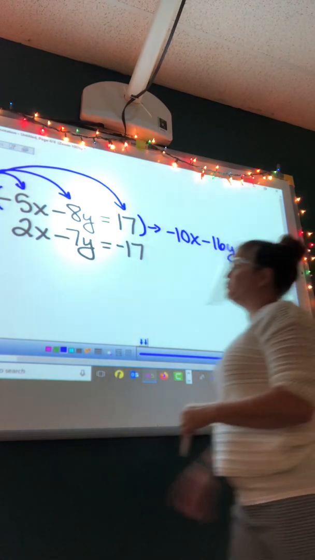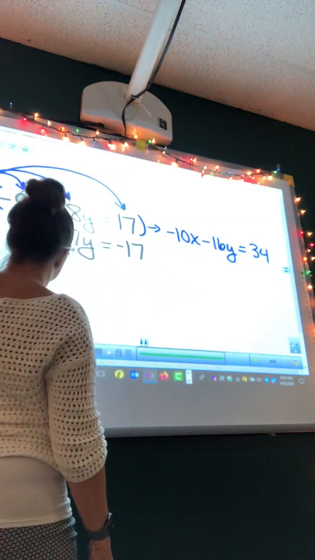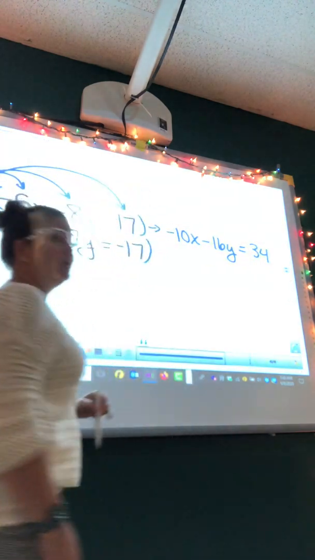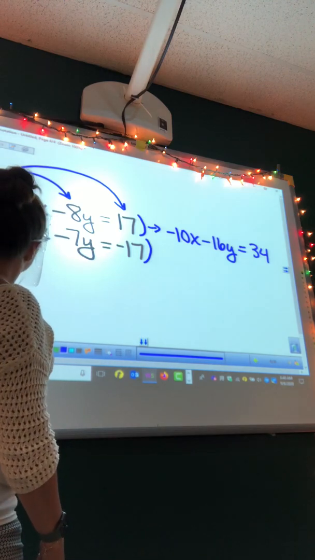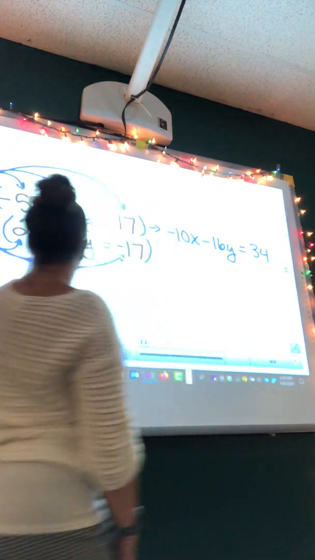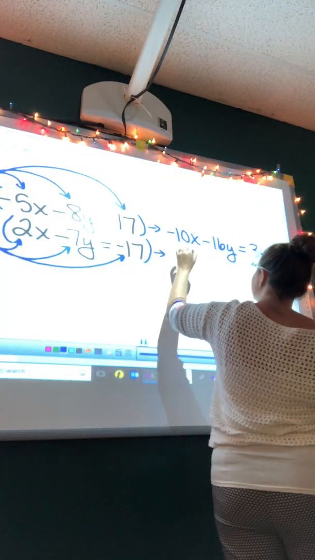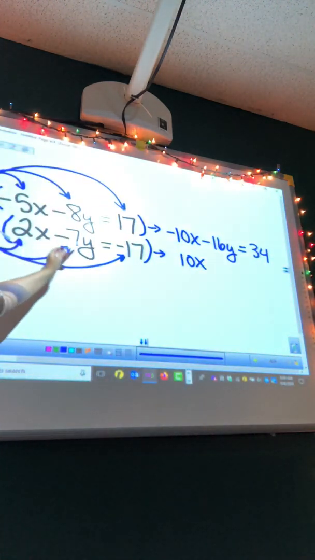The bottom, we want a positive 10 there. So we have to multiply the bottom equation by what? 5. Very good. All right, so 5 times 2x really gives me 5 times negative 7y.